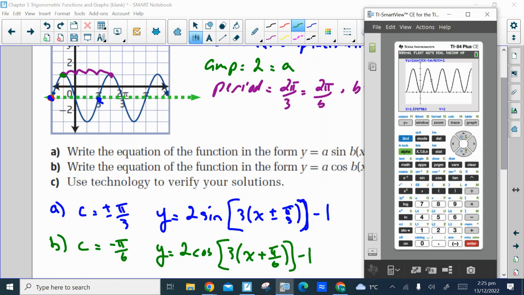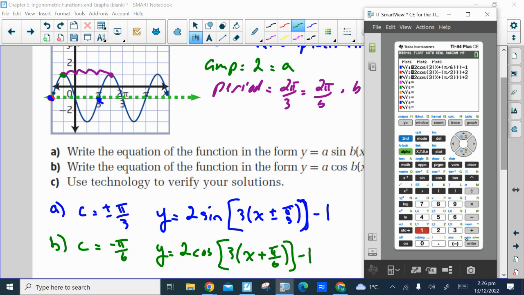So again, you can check those. So I have 2 sine. Actually, what happens if I just change that to cosine? Okay, that's good. Because there's only one equation with cosine, and there are 2 equations with sine that we could try. The only difference here is that it's going to be plus pi on 6, and then the d value is minus 1.